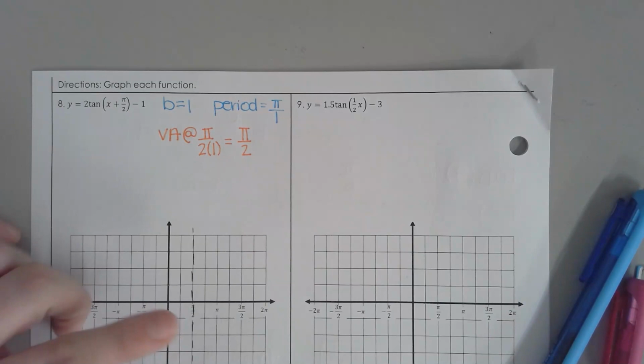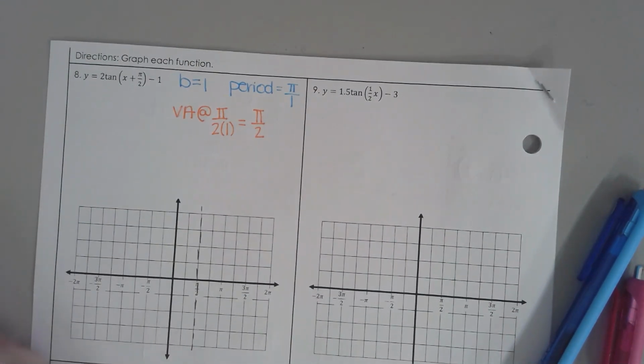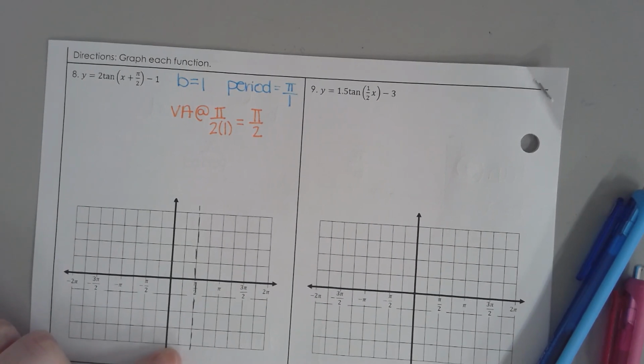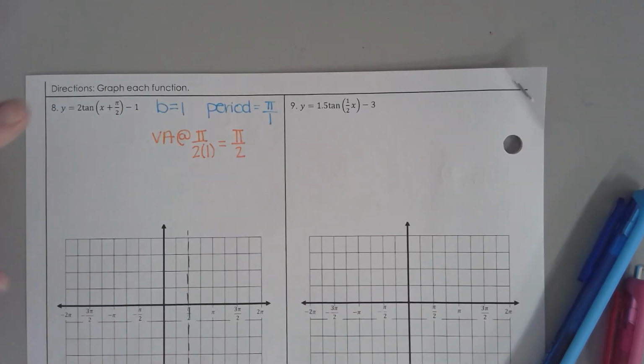Okay, so that's kind of where I think a vertical asymptote would start if I did not have a phase shift. Do I have a phase shift? Yes.